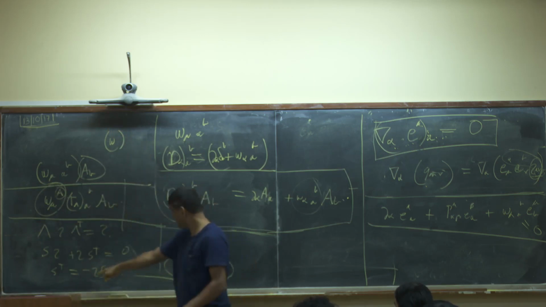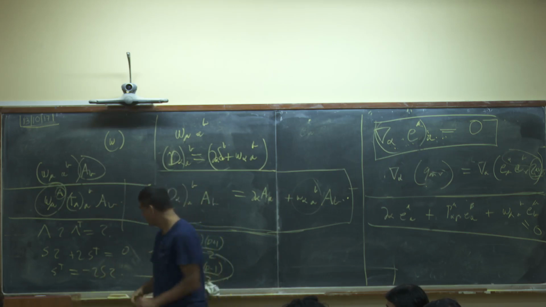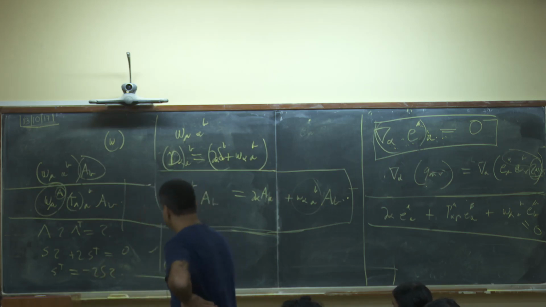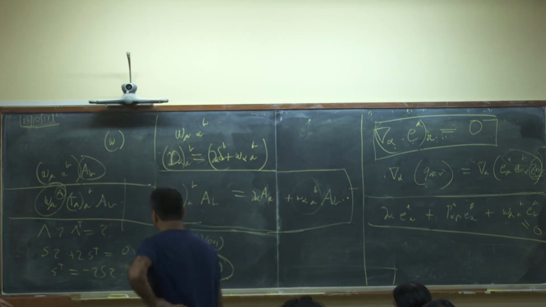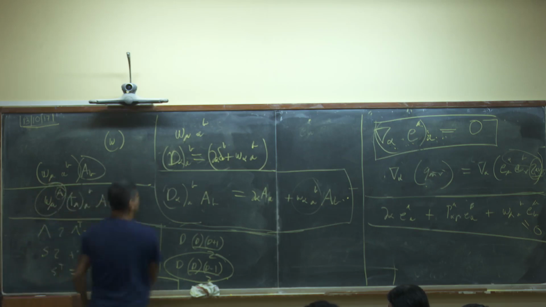Why do omegas parameterize these Lorentz matrices? This is the structure: you've got this times this.